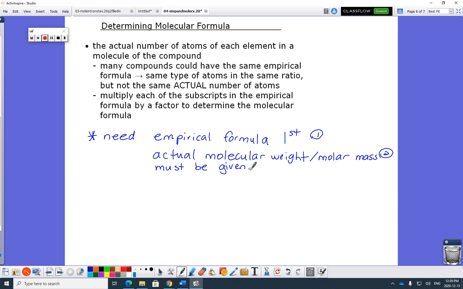You could certainly determine it by experiment, but not when you're writing a test, obviously.